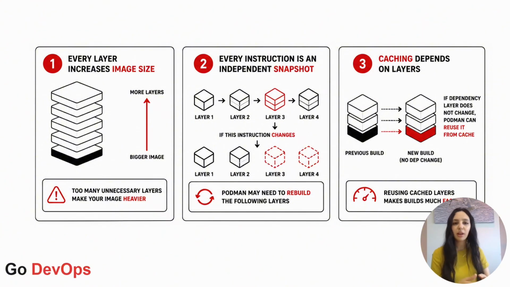For example, if your dependency layer does not change, Podman can reuse it from cache, which makes builds much faster. But if your container file is badly structured, even a tiny code change may force Podman to rebuild everything. And this is exactly why professional container files are designed carefully.